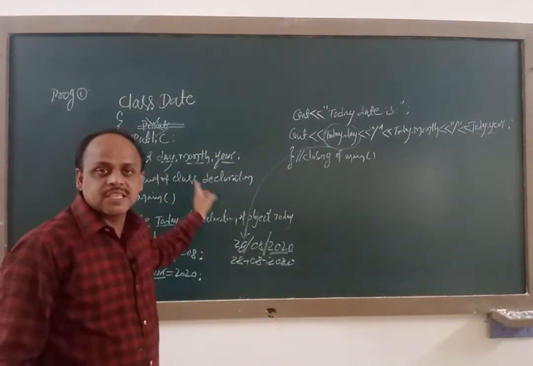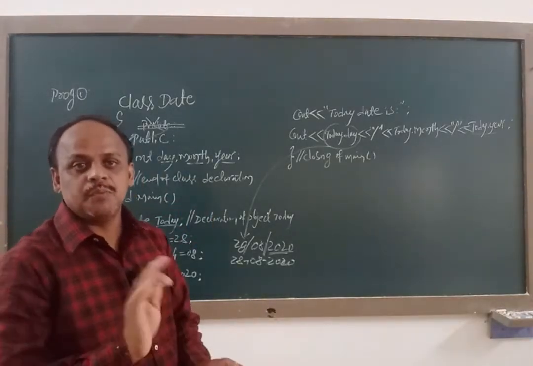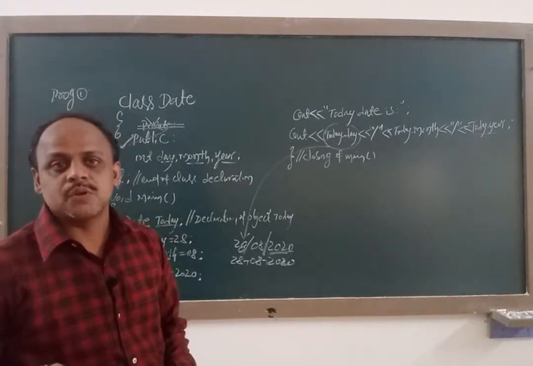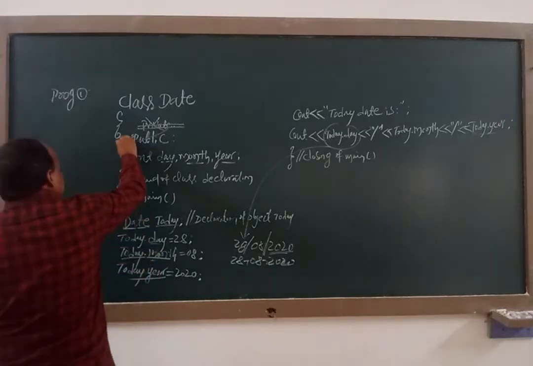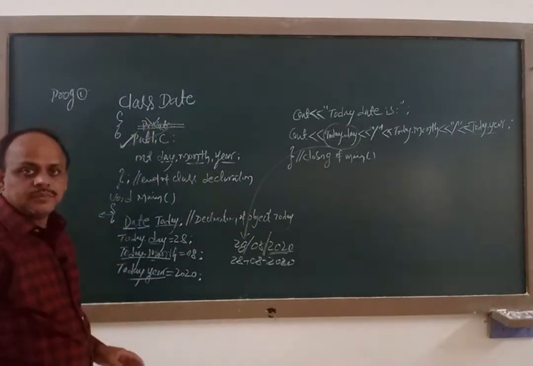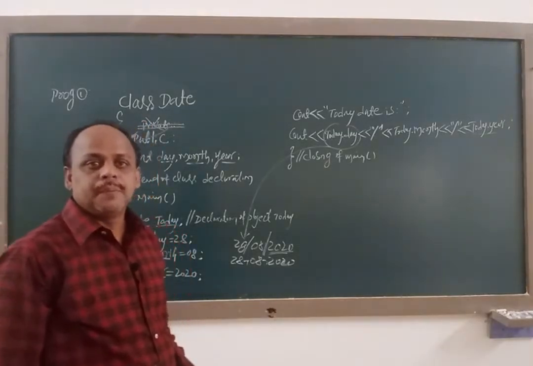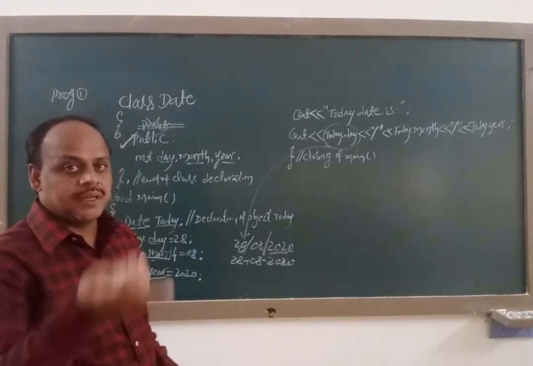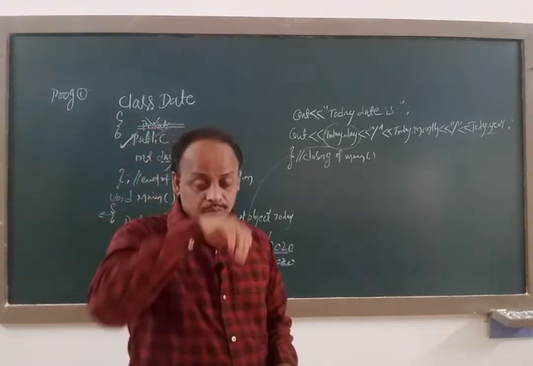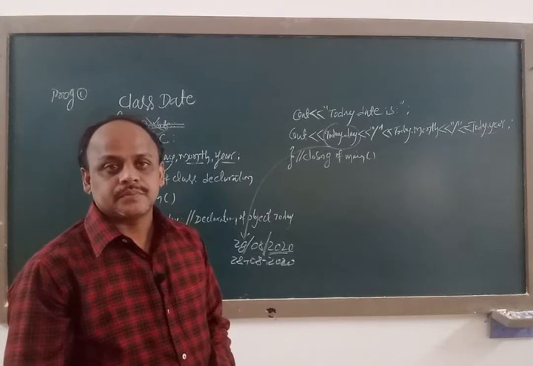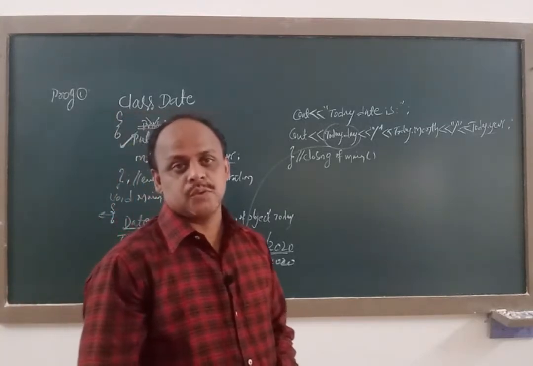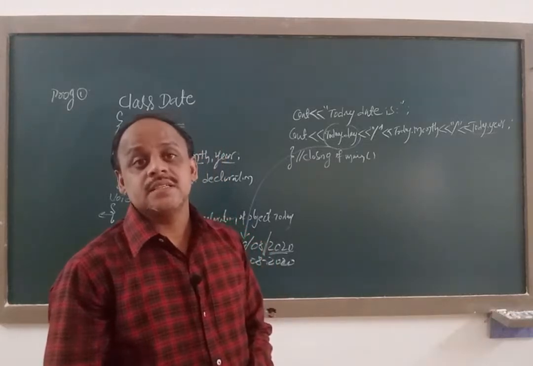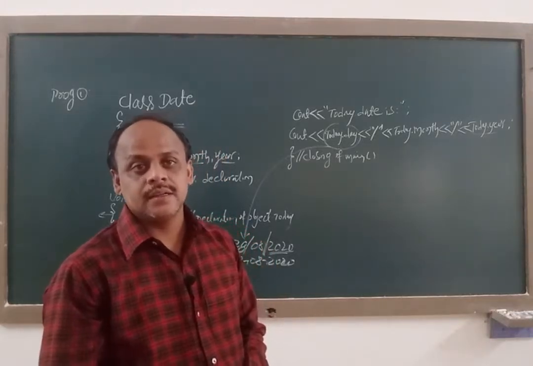If we declare the access specifier as private, it is not possible to access those data members outside the class. That's why I made the data members public. Public, we studied in the basic concepts of OOP, relates to data hiding.